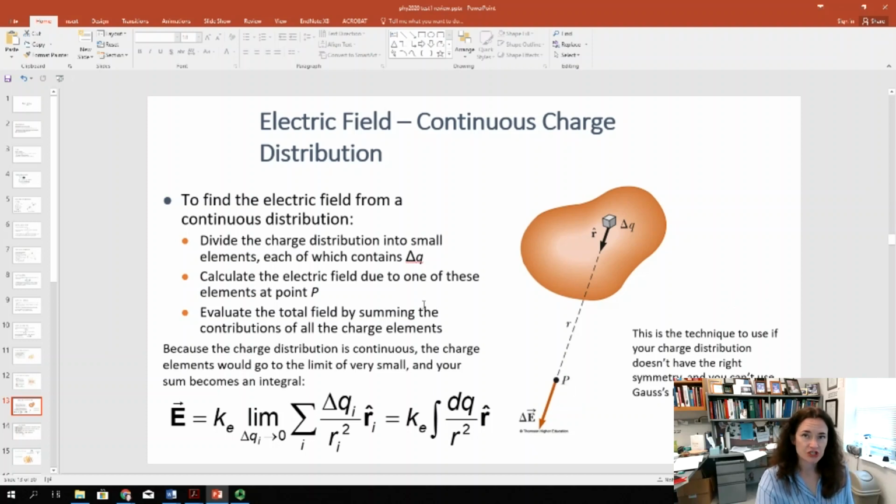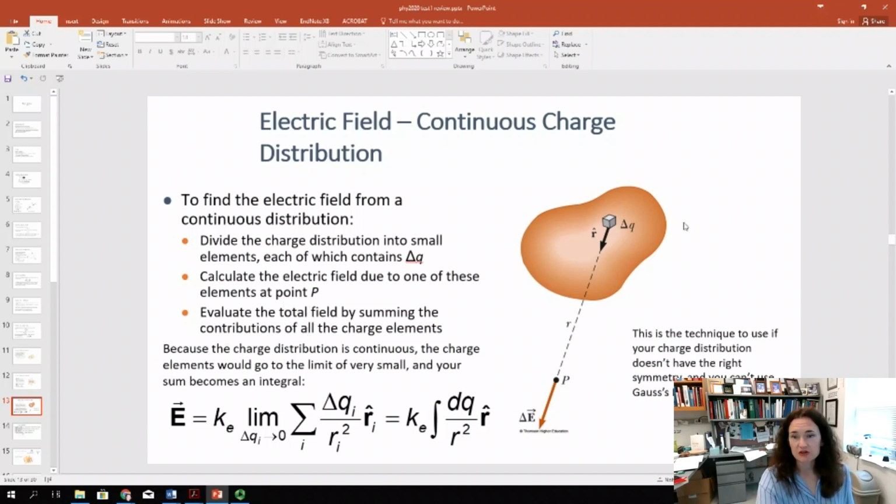To do that, what you're going to do is divide the charge distribution into small little cubes, right? Each of those little cubes would contain an infinitesimal amount of charge, dq. And then you would calculate the electric field due to one of those infinitesimal cubes at point P. And then you would sum up over the entire range of your charge distribution, so you would sum over all your little dq's.